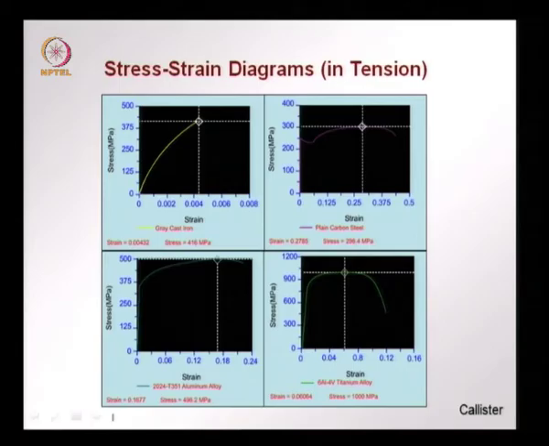These are taken from the software that comes along with the book of Callister, and we see here on the top left the stress strain curve for cast iron, which is a relatively brittle material. We have hardly any linear elastic part in the stress strain curve, it is non-linear up to failure which occurs in a brittle manner.